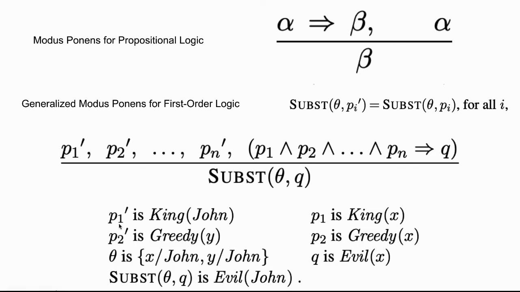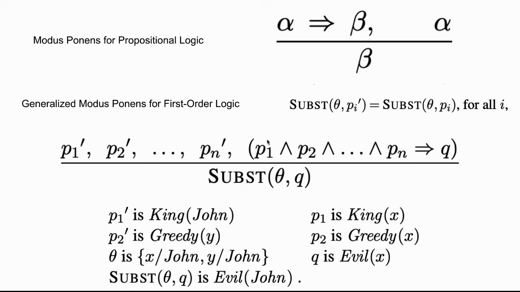Okay, so let's see an example. Let's say P1 prime is king of John, P1 is king of some variable x, P2 prime is greedy of y, and P2 is greedy of some variable x, and the substitution theta is one where you replace x by John and you also replace y by John, and q is evil of x. So what does P1 and P2 implies q mean? That if x is a king and if x is greedy, then x must be evil.